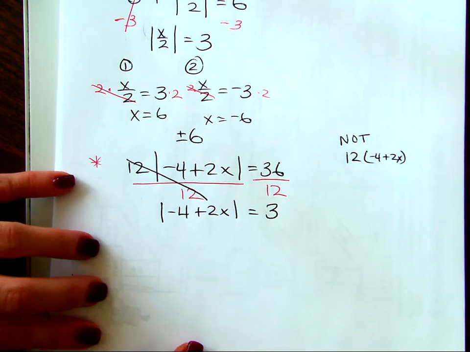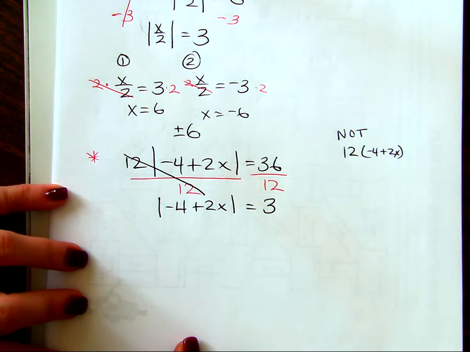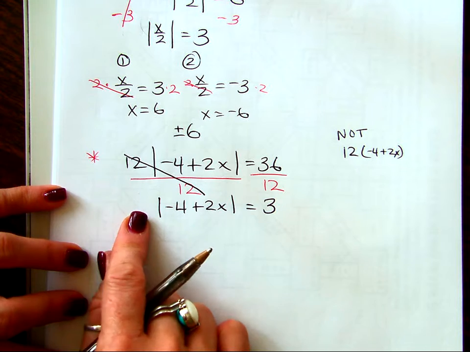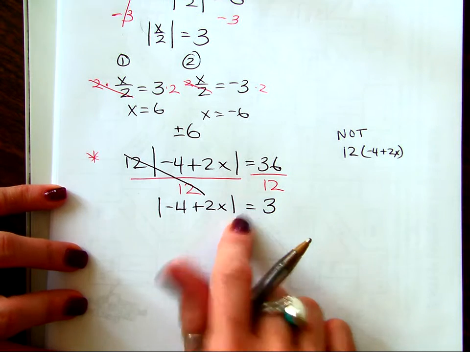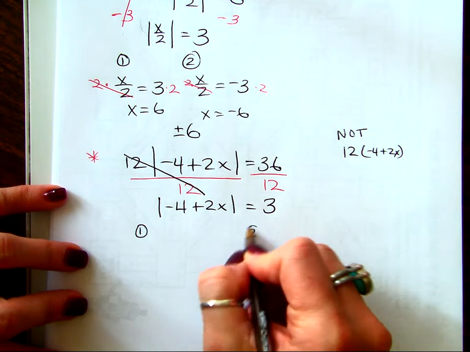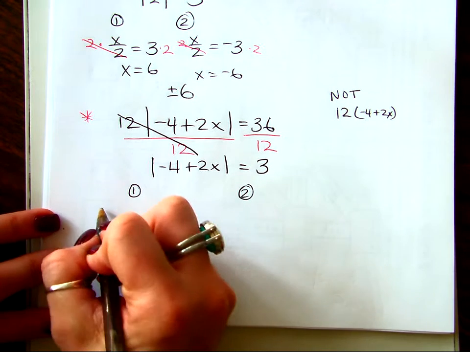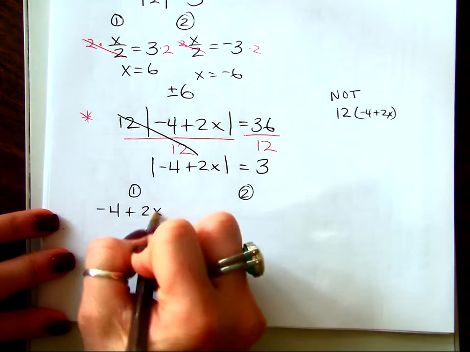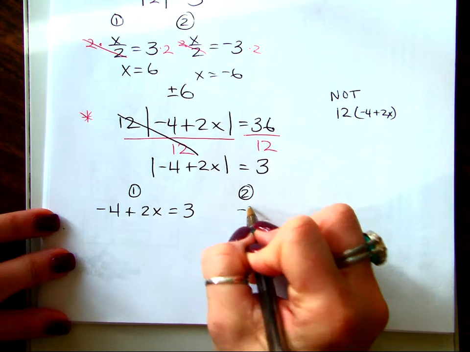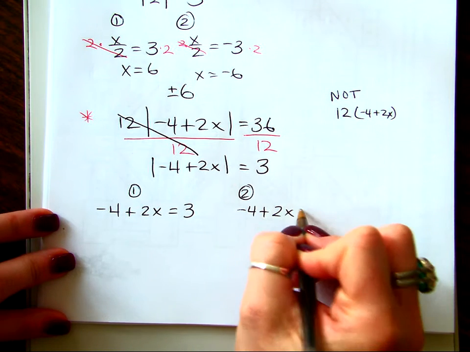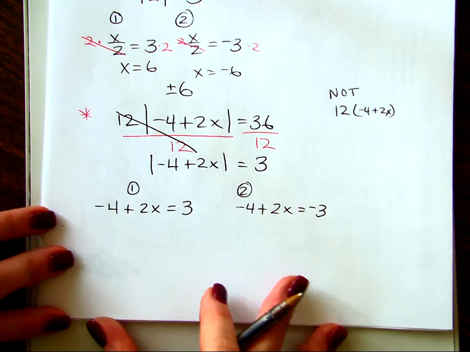And then I ask myself, is everything cleaned up? Everything out of the way? Anything in front? Anything behind? Nope, we're good to go. And then, and only then, can you do your two equations. One with that quantity equaling a positive 3, and the other with it equaling a negative 3.